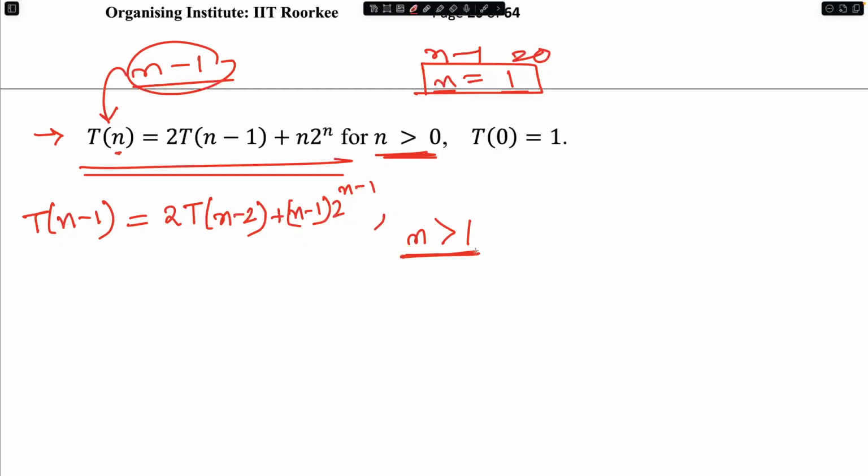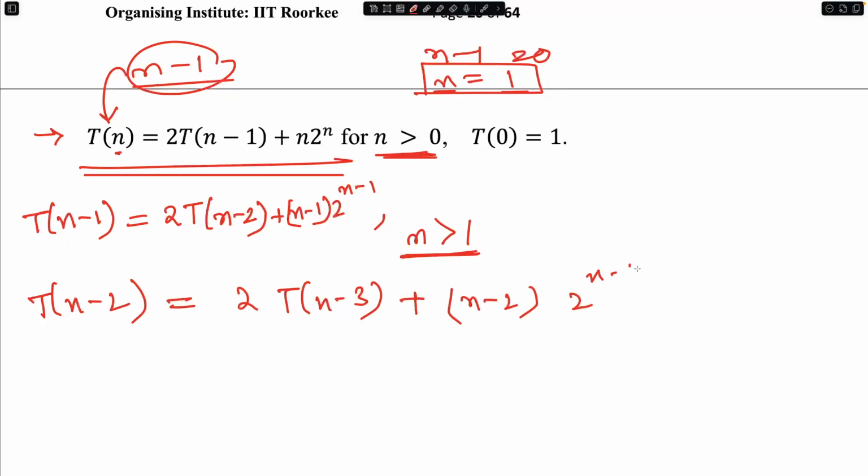Because n can be any natural number greater than 1, likewise we can also write Tn minus 2 equals 2 Tn minus 3 plus n minus 2 to n minus 2, for n greater than 2.